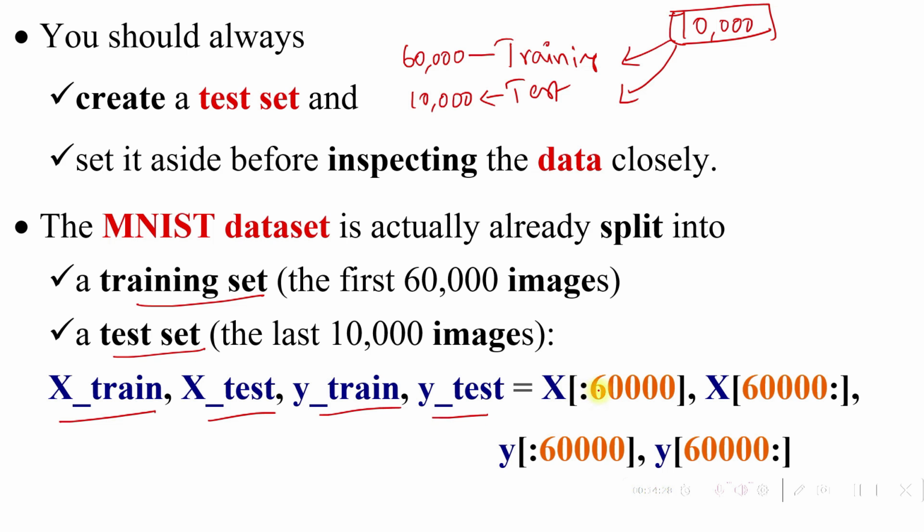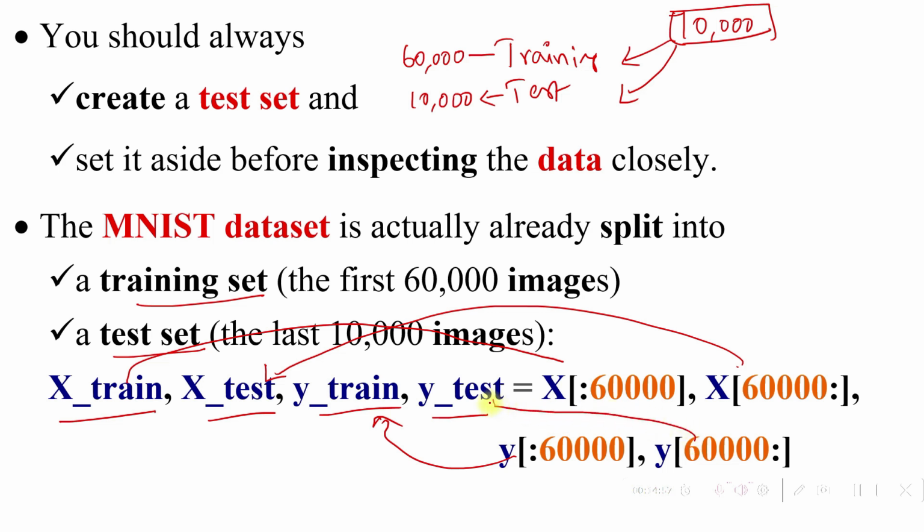The first 60,000 instances of X are assigned to X_train, and from 60,000 onwards the remaining instances are assigned to X_test. The first 60,000 target variables are assigned to y_train, and from 60,000 onwards all the remaining target variables are assigned to y_test.